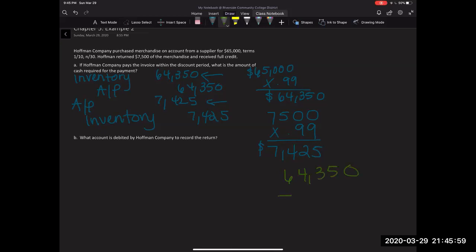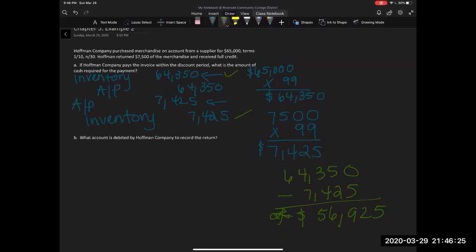I returned $7,425. So the difference of what I owe, less my return, is $56,925. Okay, so I bought it, returned a portion, and now what I owe is this amount.